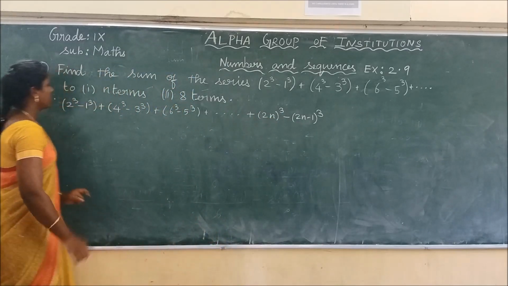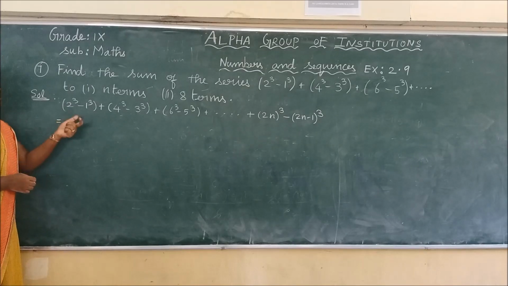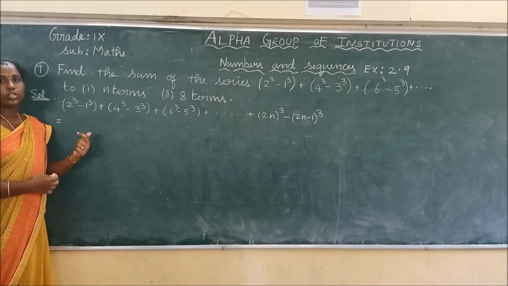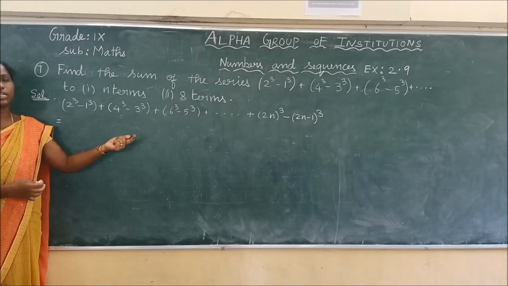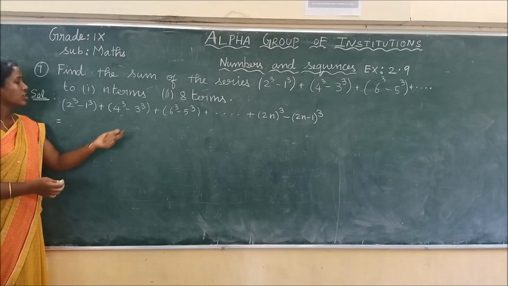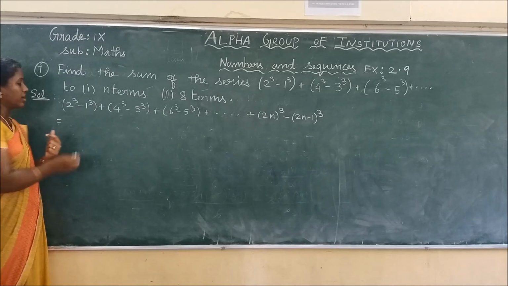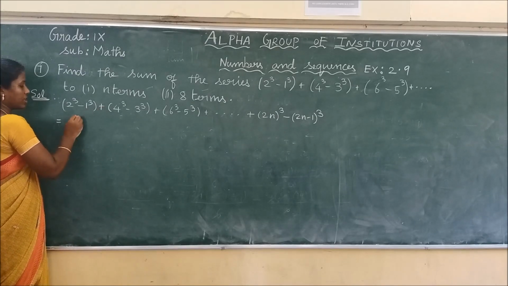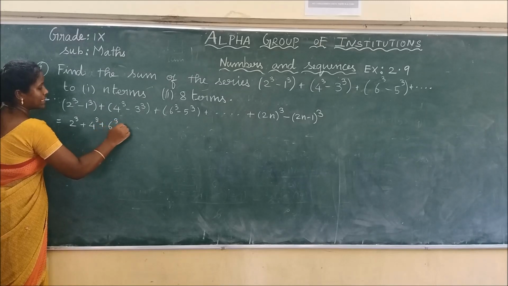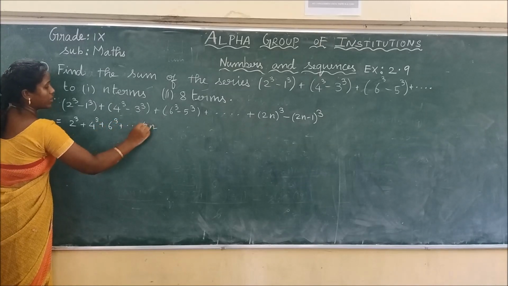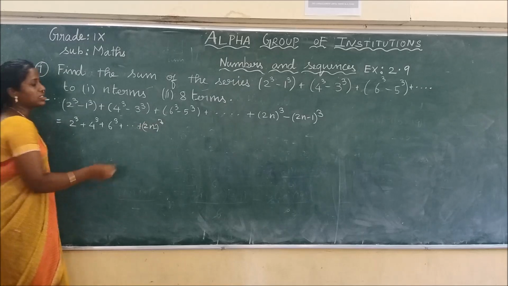Now the next thing we are going to do is segregate the even numbers separately and odd numbers separately to find the sum of the series. What are the even numbers here? 2 cube plus 4 cube plus 6 cube plus etc. The last even number is 2n the whole cube, isn't it?